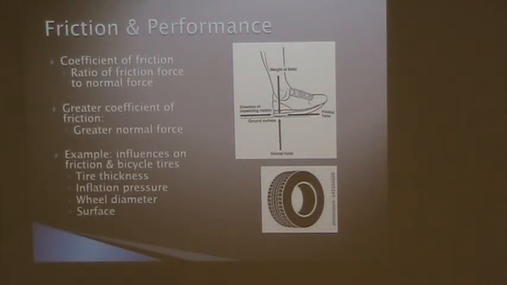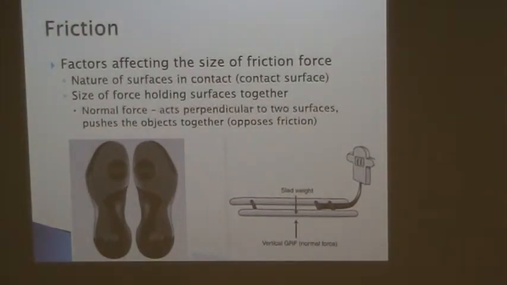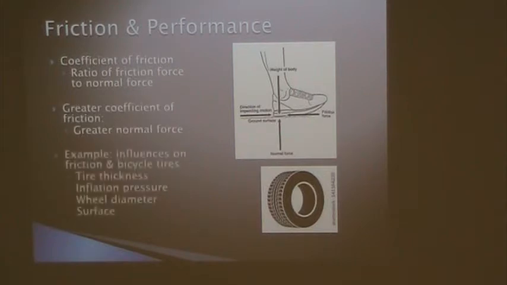Why? Surface area on the ground. We just talked about nature of the surface affecting friction. In this case, it's the amount of surface area. So, tire thickness is one.